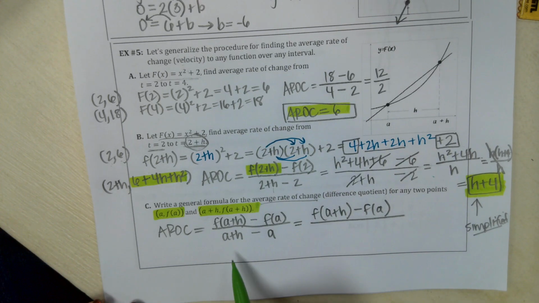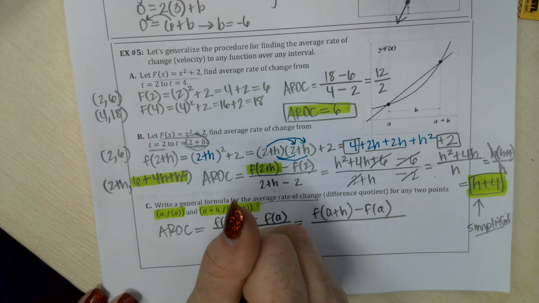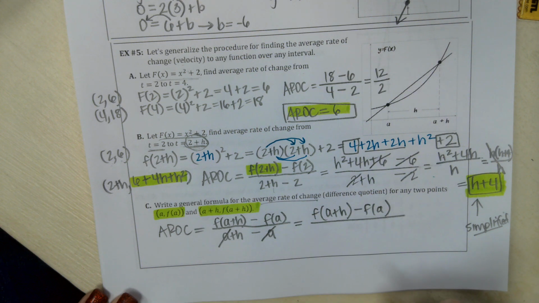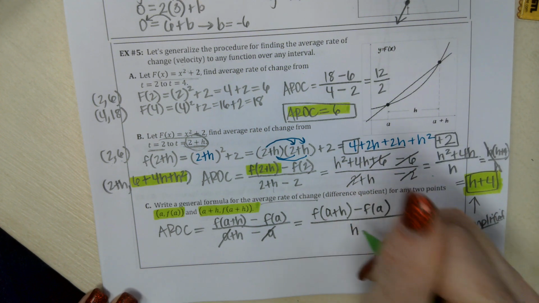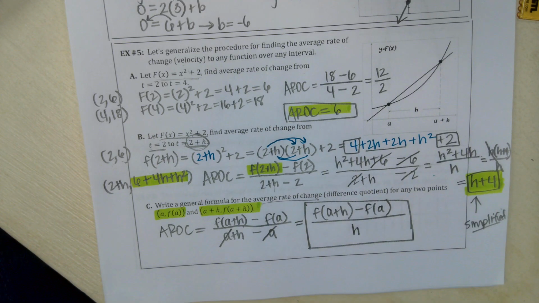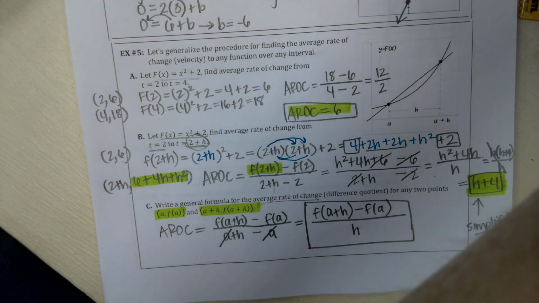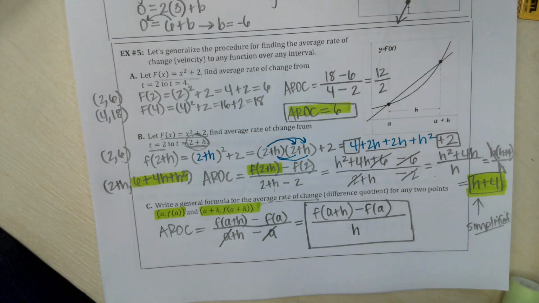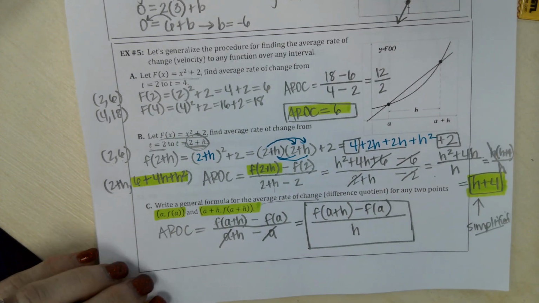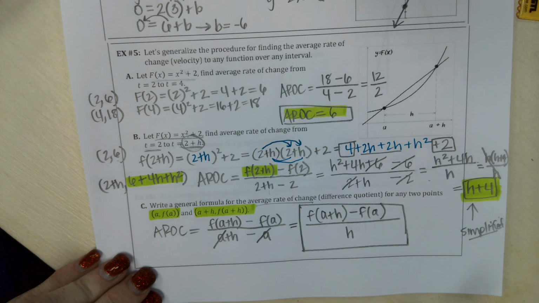But you can simplify the bottom because both of them have the a, and it's a minus a. So all I'm left with in the denominator here is that h. Okay? Yes, that's simplified. You can't do anything with this because you don't know what the output is.